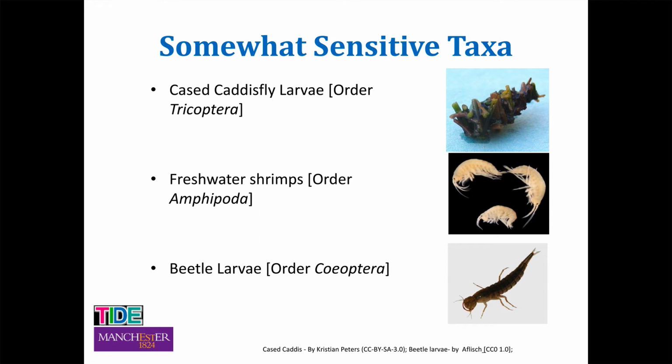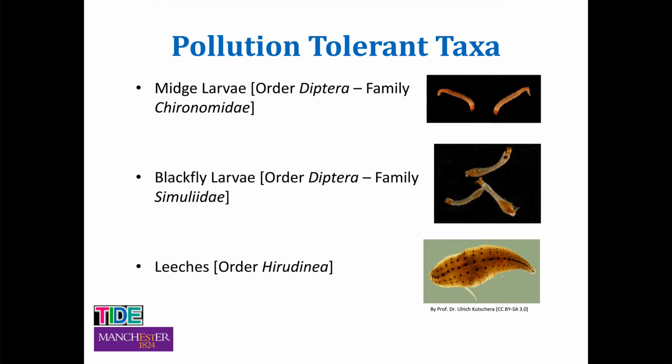So these are called somewhat sensitive taxa. Some of them, like the freshwater shrimps, can actually be found in quite polluted waters, but they also are found in clean waters. And then another group will be your pollution tolerant taxa.